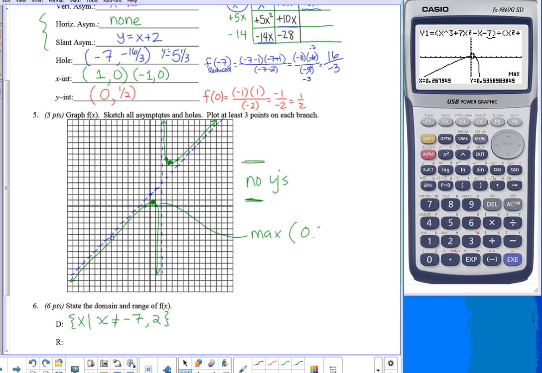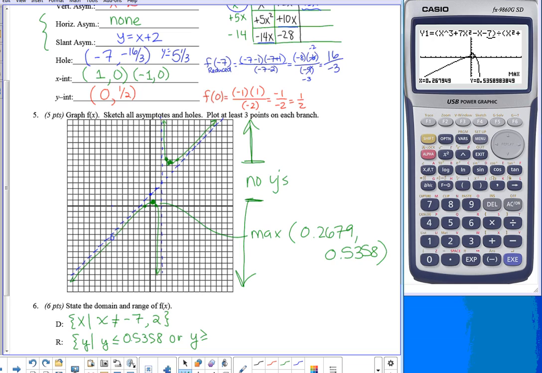The x value is 0.2679 and the y value is 0.5358. So since I go from this spot down, when I'm writing my range, I would say y is less than or equal to 0.5358, or my y can be greater than or equal to whatever this spot is.